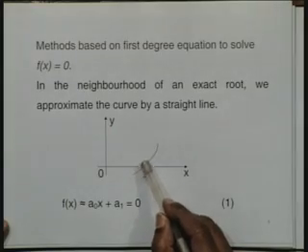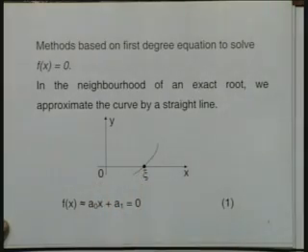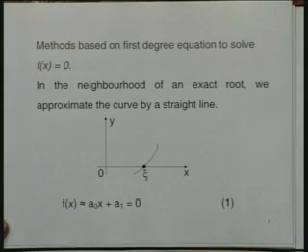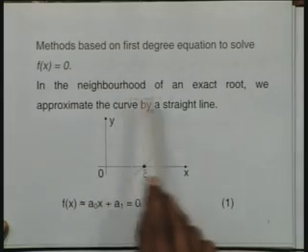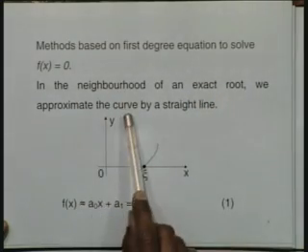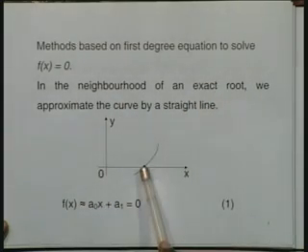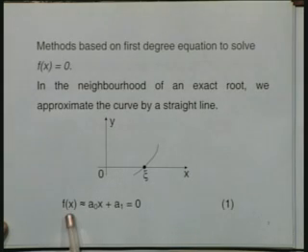But since I may not be able to get an infinitesimal length on the curve, I will take a straight line as an approximation to the curve in the neighborhood, and then successively make this straight line become a real straight line at the point xi. Therefore, in the neighborhood of an exact root, we approximate the curve by a straight line of the form f of x is equal to a naught x plus a1 is equal to 0.